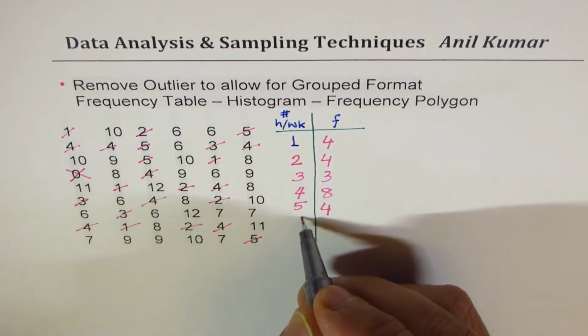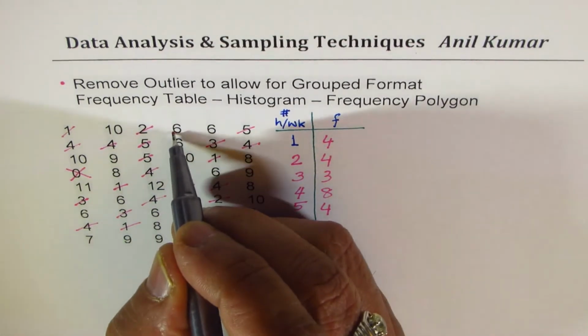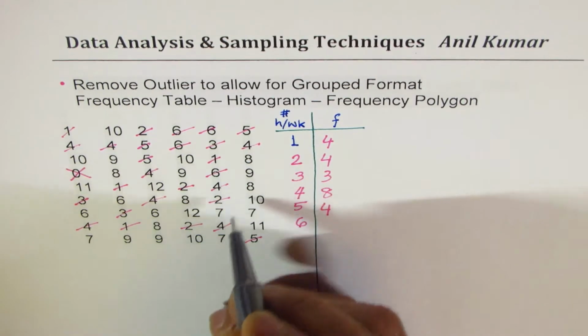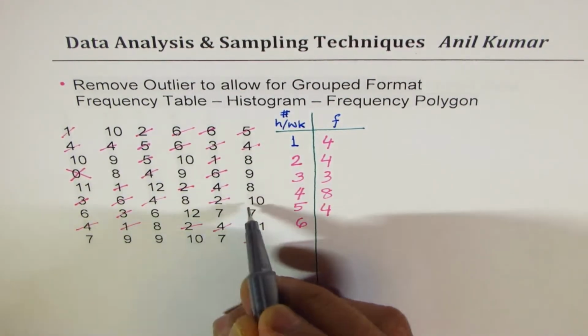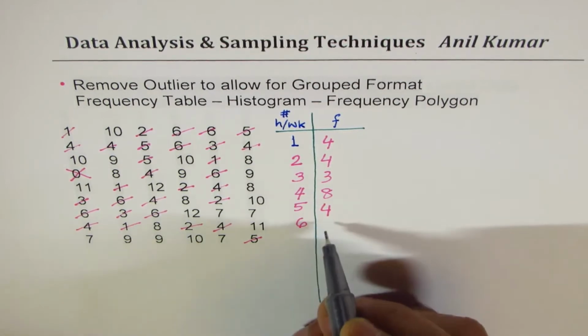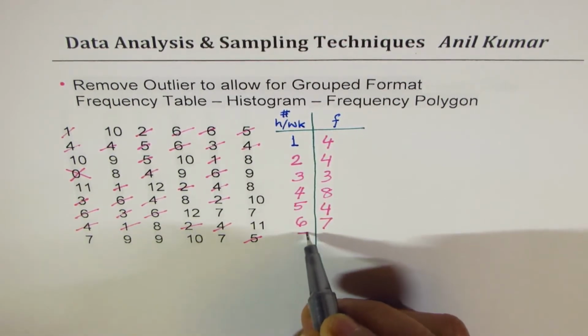So 4 5s. Number of 6s, 1, 2, 3, 4, 5, 6, 7. So 7 6s.